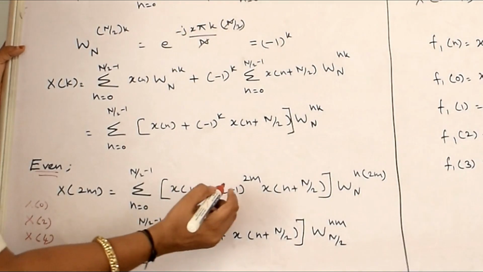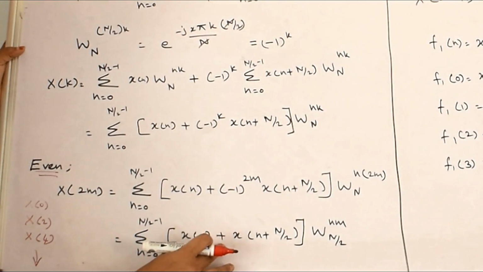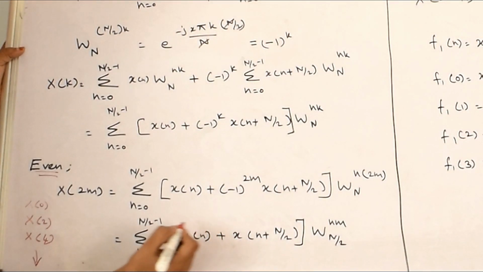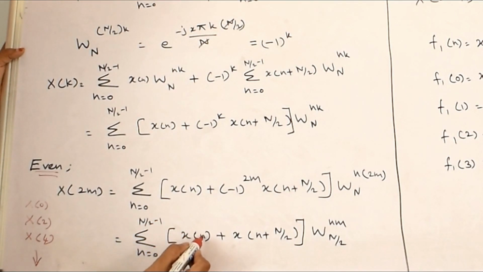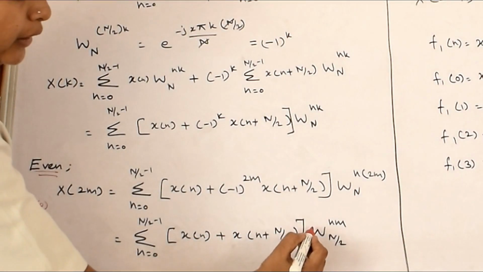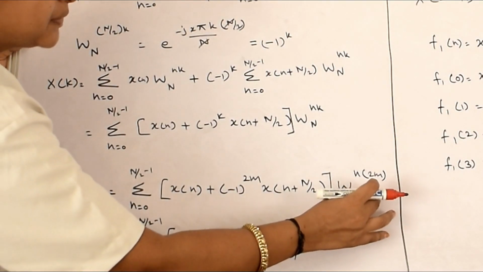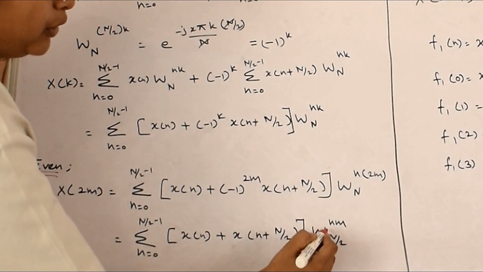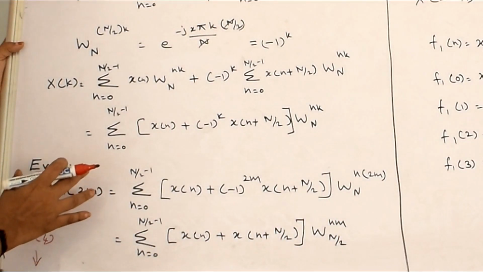Here minus 1 power 2m is plus 1. So I am rewriting this expression as summation n equal to 0 to N by 2 minus 1 x of n plus x of n plus N by 2 into W_N by 2 power nm. This expression can be written as W_N by 2 power nm. Okay, this is for even.